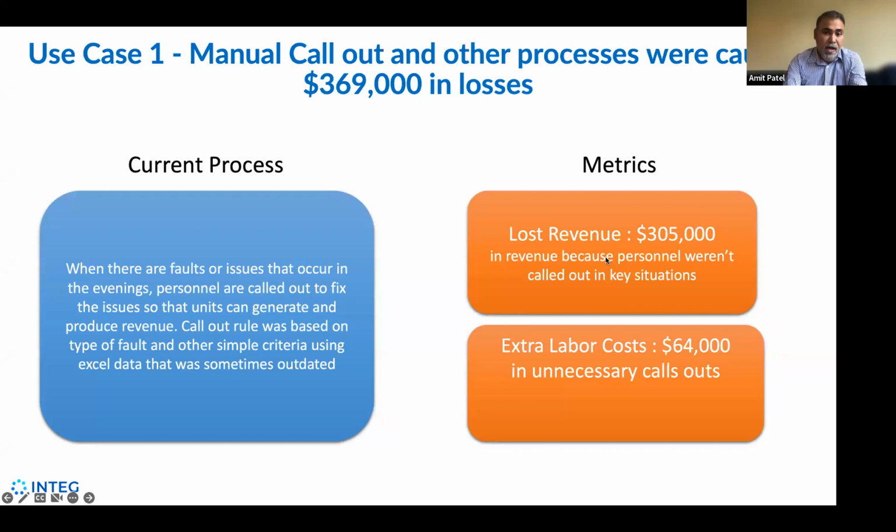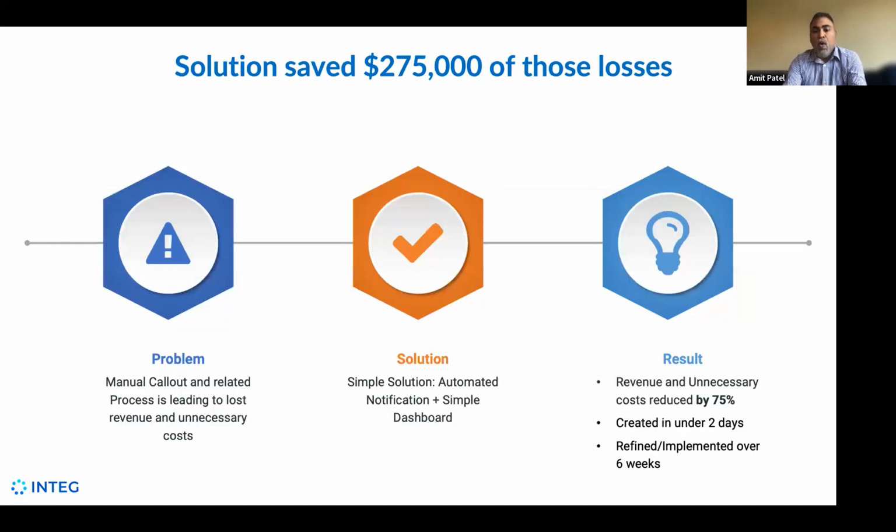And then they found some key cases, and it wasn't that many, but in two of those key cases, they lost a lot of money. They lost revenue because people were not called in and could have fixed something, especially one of those was over a weekend that cost a lot of lost revenue. So the result was that we saved almost $275,000.